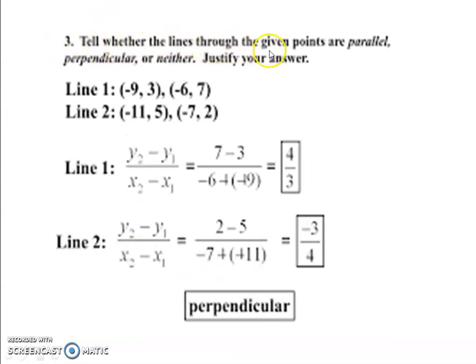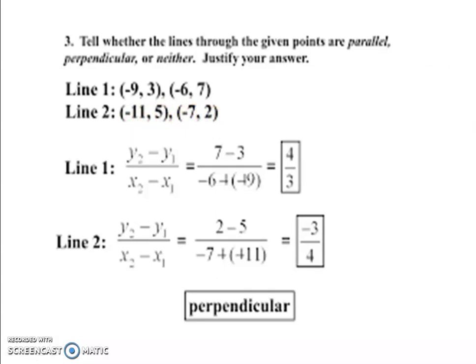Tell whether the lines through the given points are parallel, perpendicular or neither. Justify your answer. Line 1 has coordinates minus 9, 3 and minus 6, 7. Line 2 has coordinates minus 11, 5 and minus 7, 2. In this example 2 points are given.